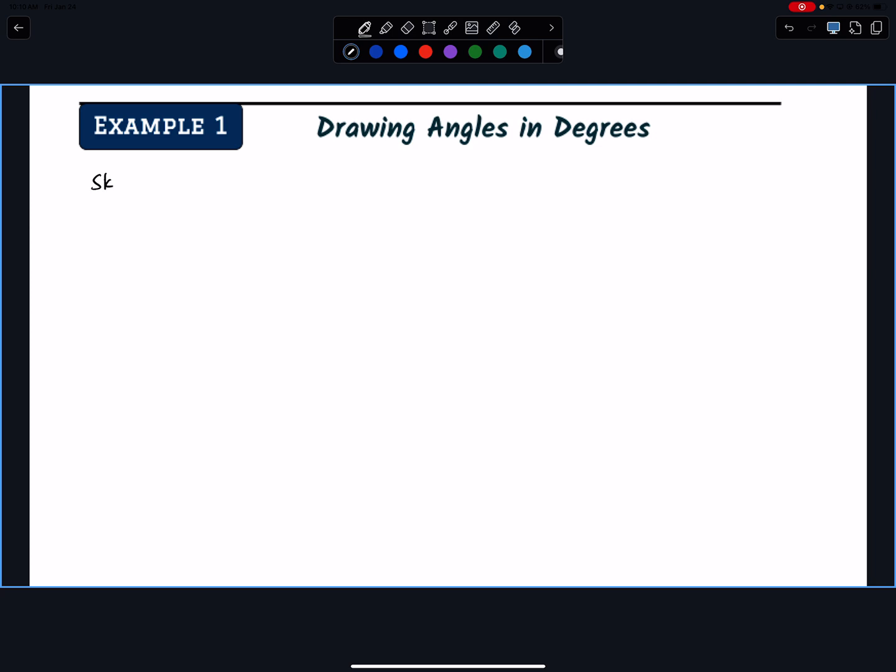So let's sketch each angle in standard position. So for part A, I want us to draw a 45-degree angle.